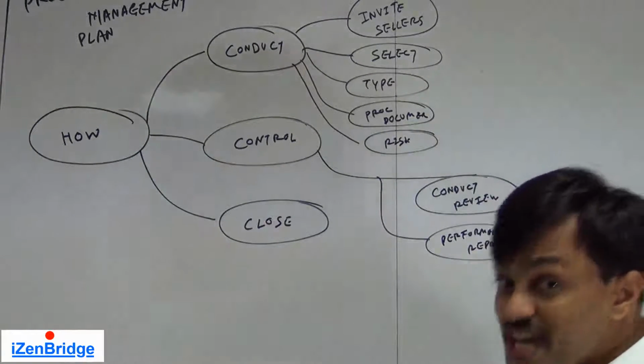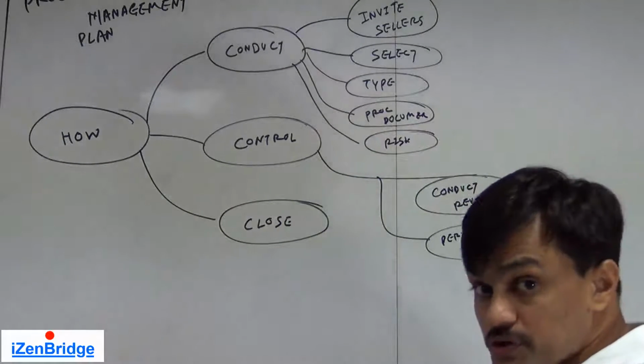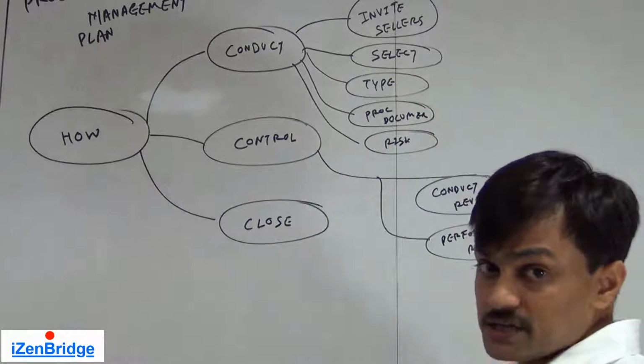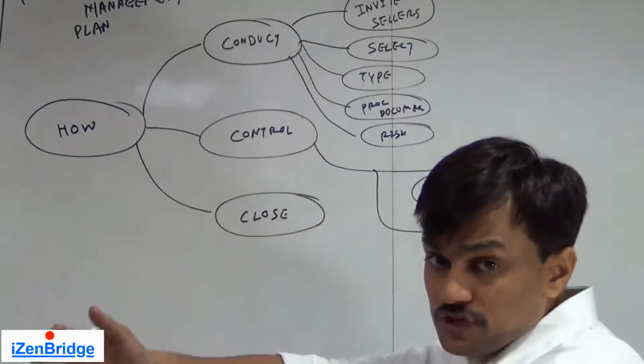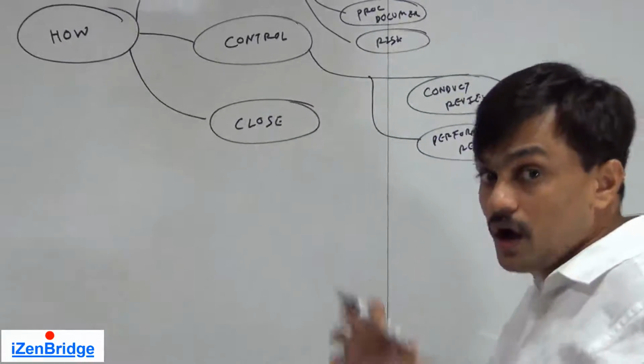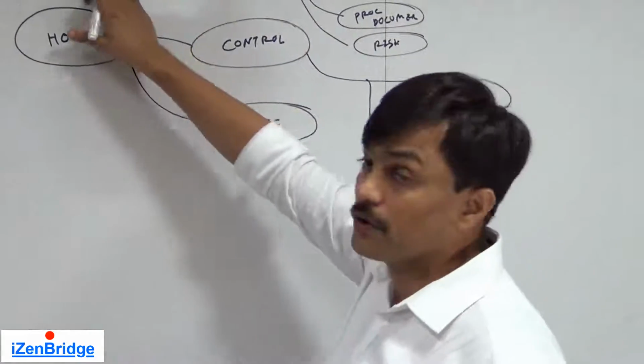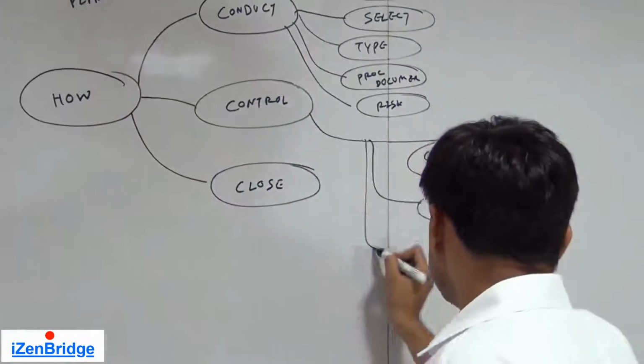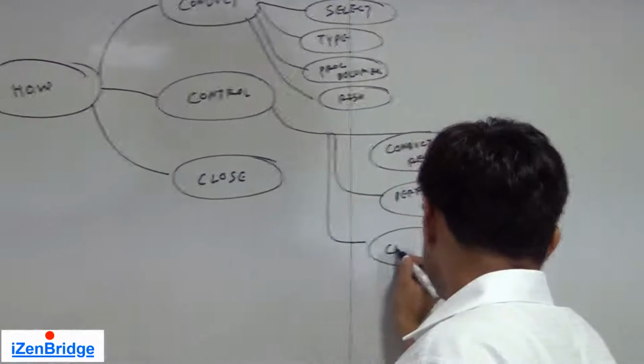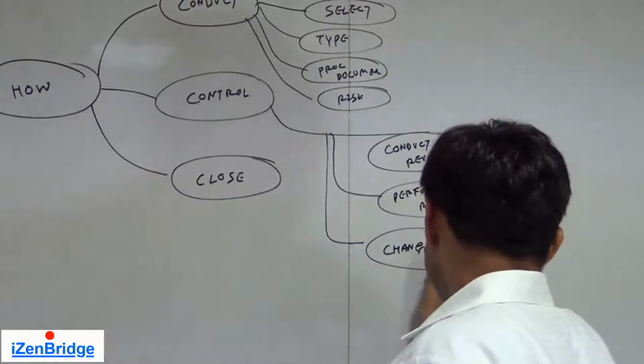How should we do change management of a procurement contract? If we have given a contract to someone and want to modify a few things, how we should proceed for that particular change should be defined in our procurement management plan.